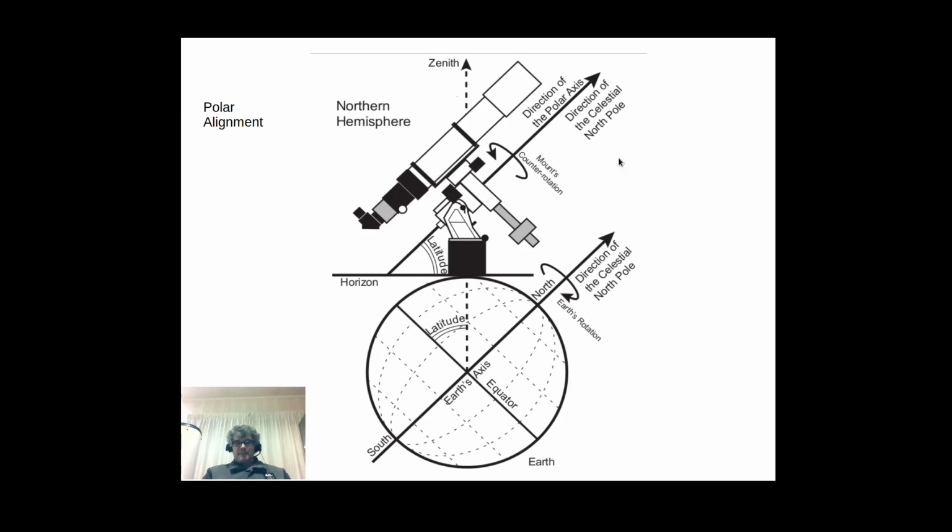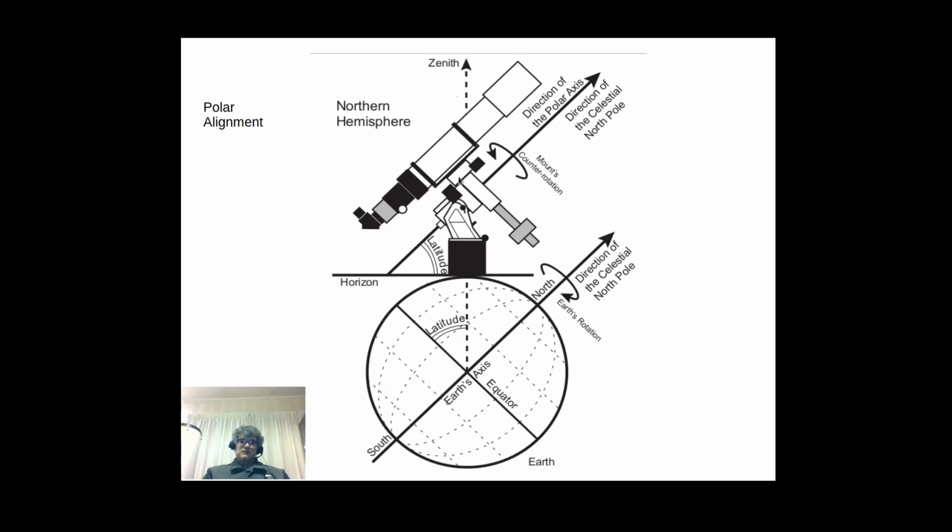So you can see here that the tilt of the mount is just equal to the latitude, and the azimuth adjustment of the mount is going to be basically pointed to the north-south line between the horizon north and south.